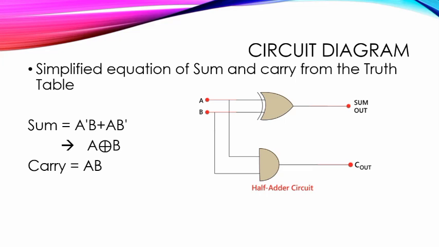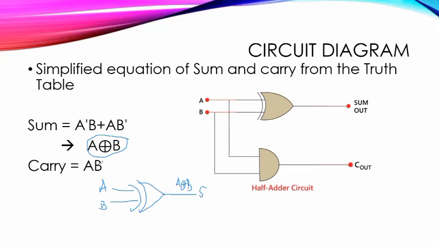So how is the XOR gate represented? The XOR gate is represented in the form of this circuit, where the first input is A and the second input is B. When you draw the circuit and the inputs are passed, automatically the output will be A XOR B, right? This is sum.